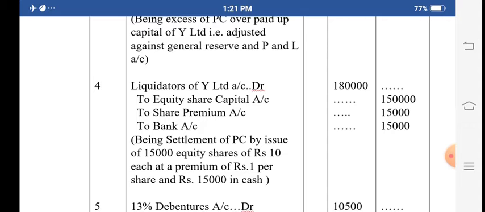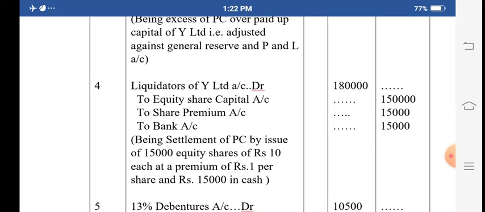Now let's pass it. Liquidators of Y Limited account debit 1,80,000, which is the purchase consideration value, for the final settlement of purchase consideration.